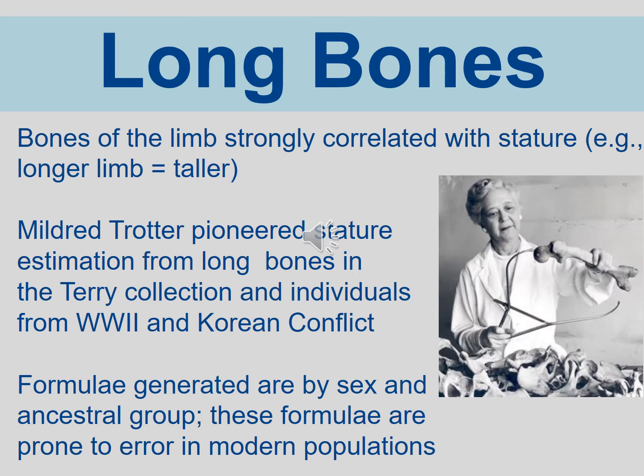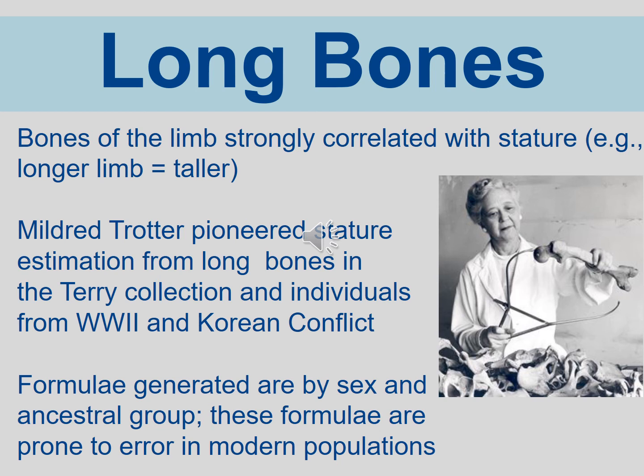And then one of the most popular methods is with long bones, because we know that there is a positive linear relationship correlated with stature. That is, the longer the limb, or in this case, let's say the leg bone, because they're the most accurate, the taller the person is. Now, the longer their arm, the taller the person?